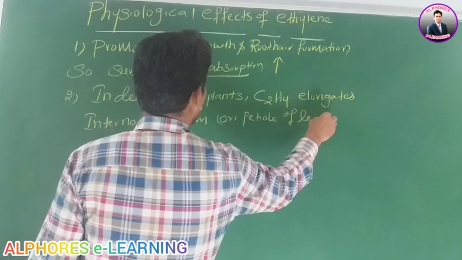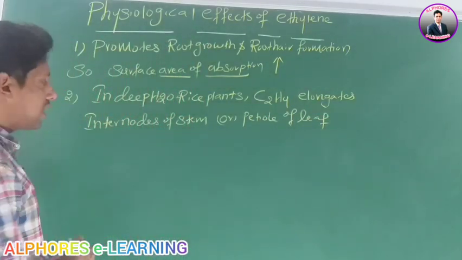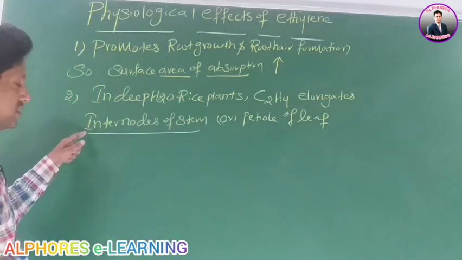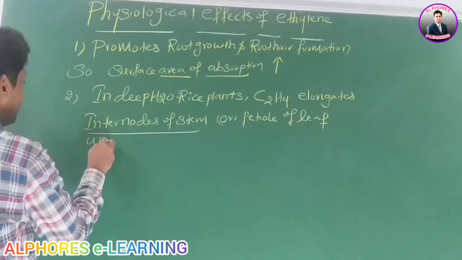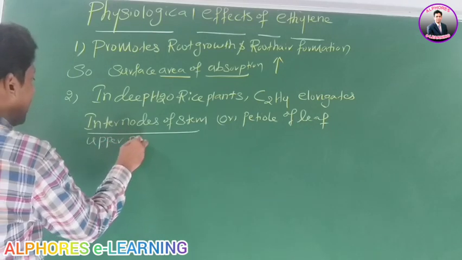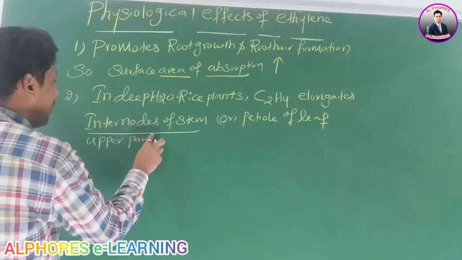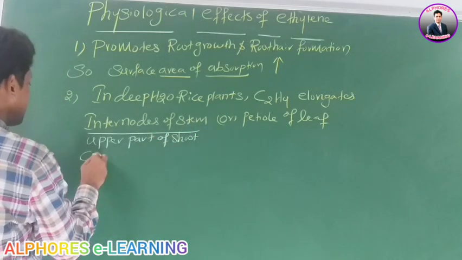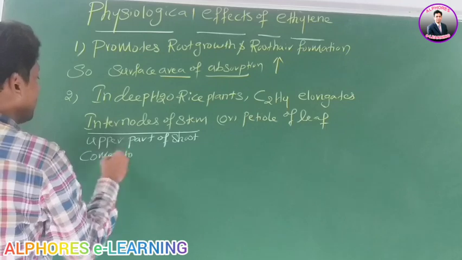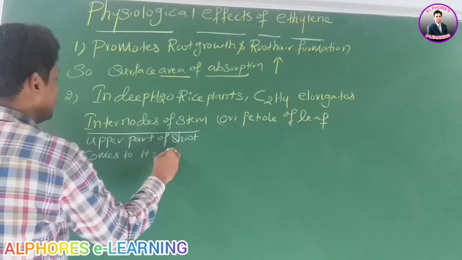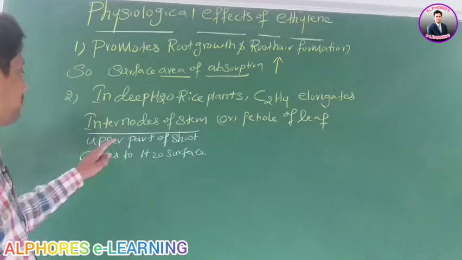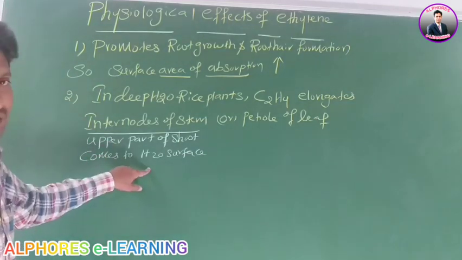Therefore, petiole of leaf. Sir, if internodes of the stem elongate, what happens? Upper part of the shoot comes to the water surface. What comes to the water surface? Upper part of the shoot system comes to the water surface.